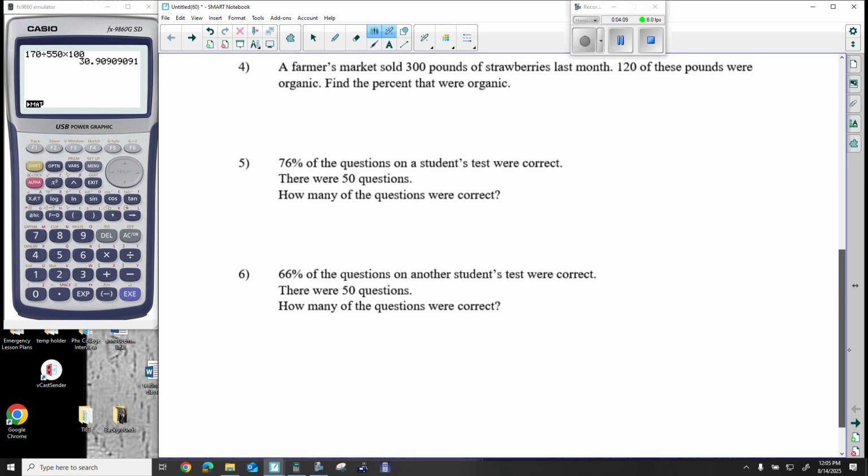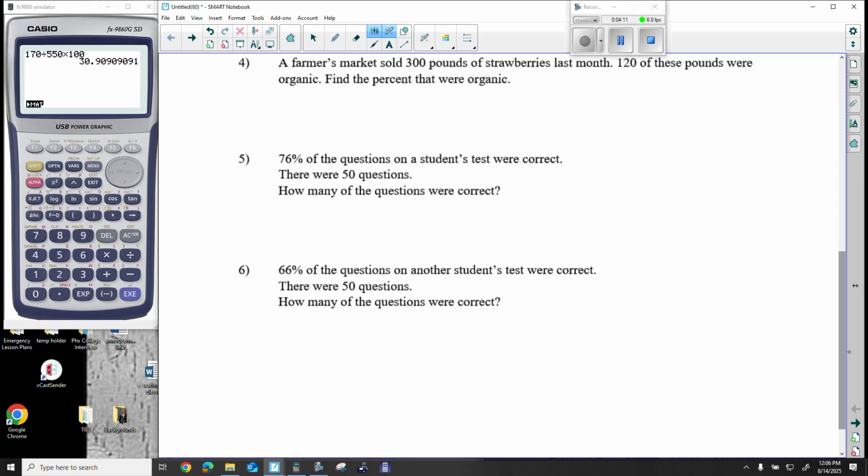Example could be like number 5. They gave you a percentage, 76%, and you got 76% of the questions correct. If there are 50 questions, how many of them would be correct? So the straight up question is, what is 76% of 50?